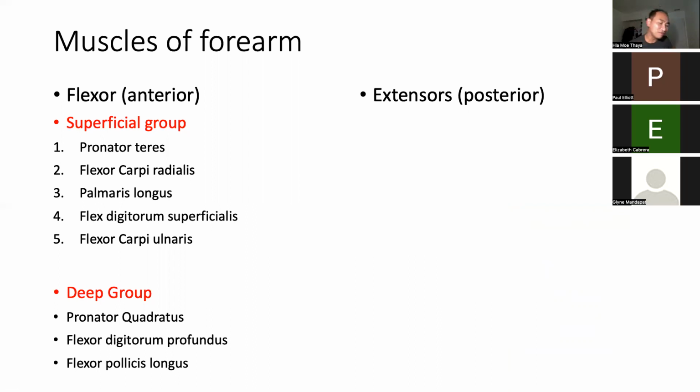So muscles of the forearm, because there are a few muscles in the forearm, we need to be a little bit technical. We need to play the game. So let's divide the muscles of the forearm into flexor surface muscle and extensor surface muscle.